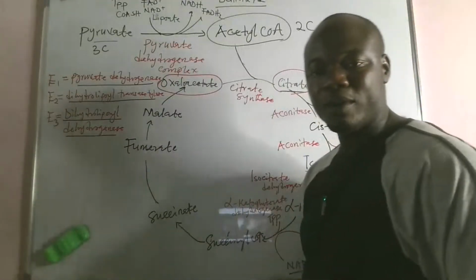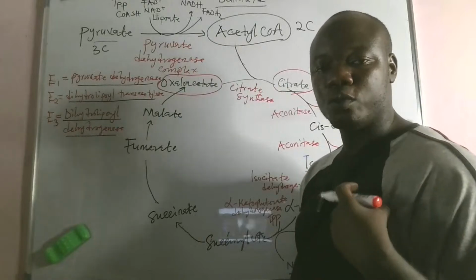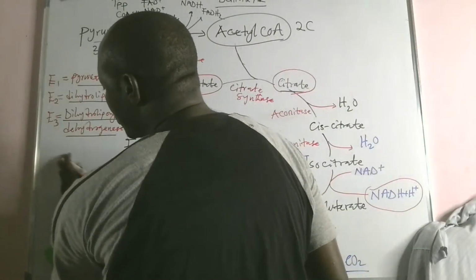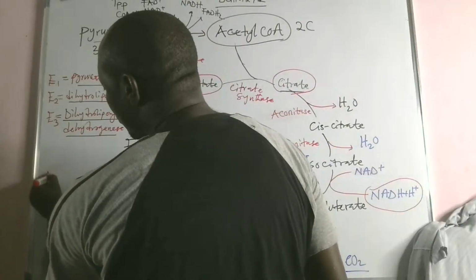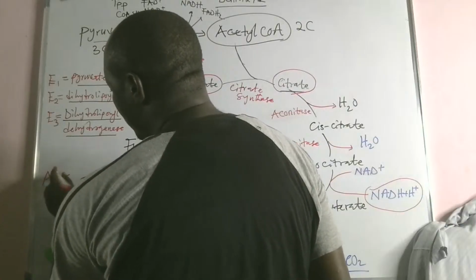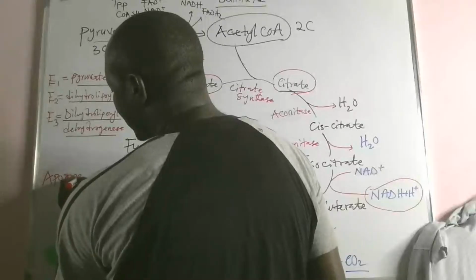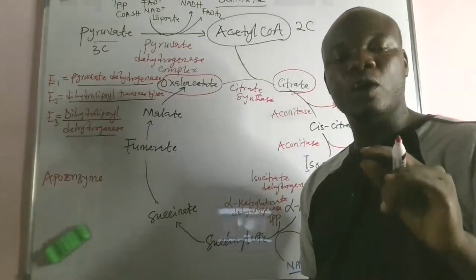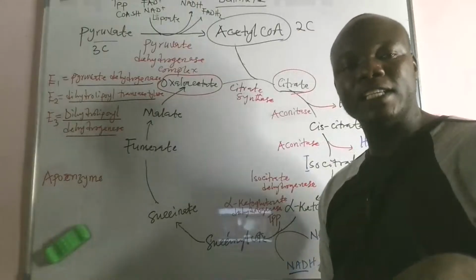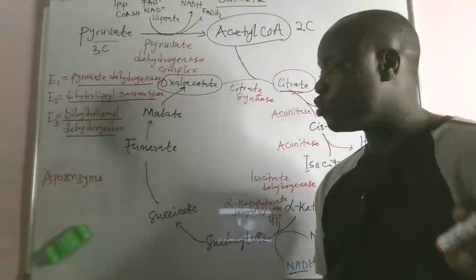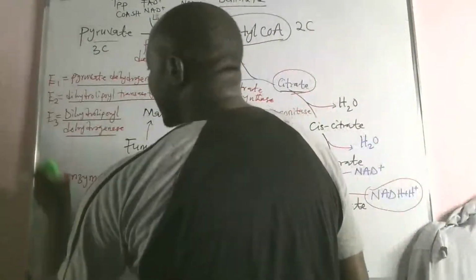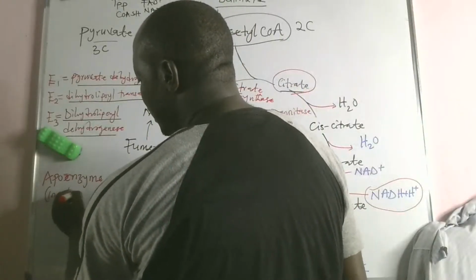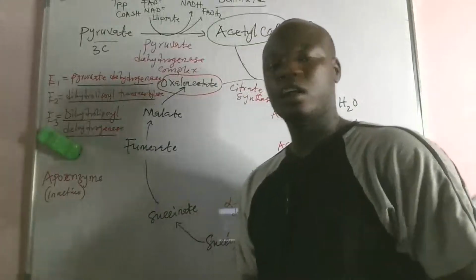I think if you remember, especially those who took Biochem 241, we have what we call apoenzyme. Apoenzyme, or proenzyme, is the inactive form of the enzyme.